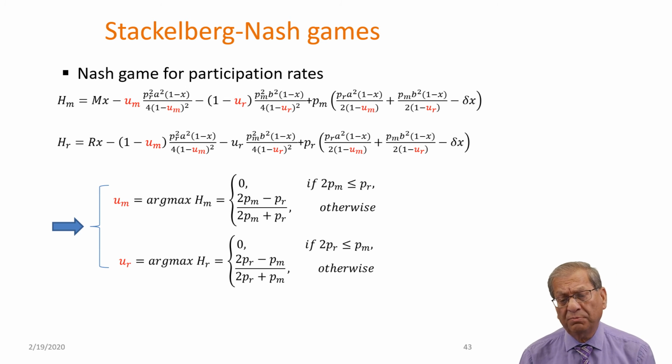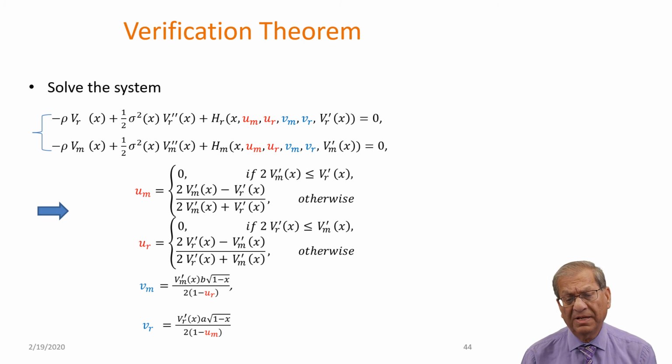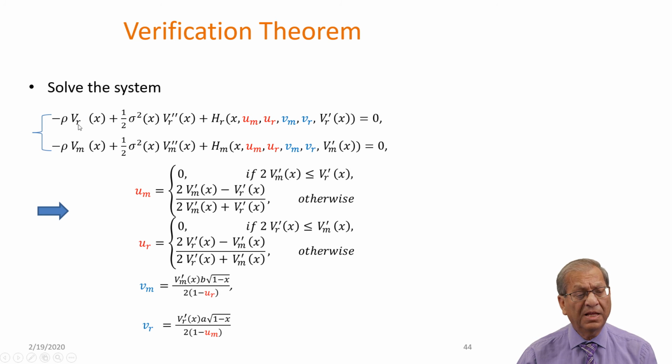We're going to now put all this together into a dynamic programming setup, which in this case means Hamilton-Jacobi-Bellman equation. So now we have a system of Hamilton-Jacobi-Bellman equations where VR is the value function for the retailer and V sub m is the value function of the manufacturer. And these are the Hamiltonians, and these were the decisions that we have already; we know the formula of decisions.